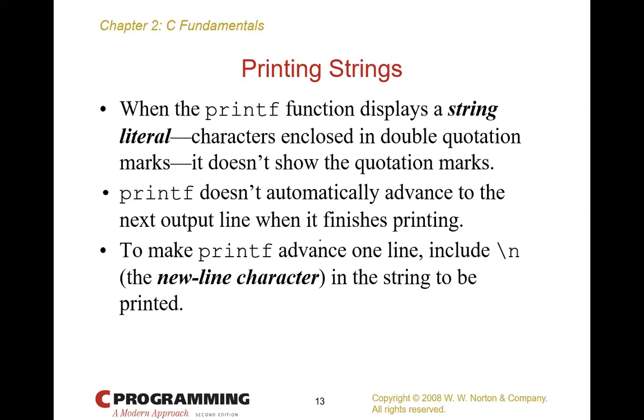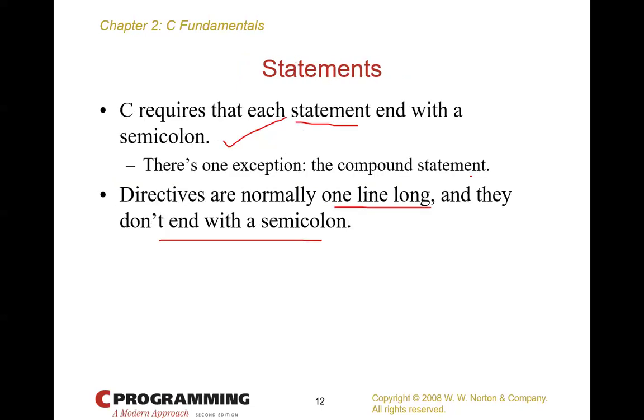Printing strings. So if you look again at the program, in the first program we have been checking, we realized that we have the print function. When the print function displays a string literal, which is characters enclosed in double quotation marks, it doesn't show the quotation marks. So let's go back to our print.